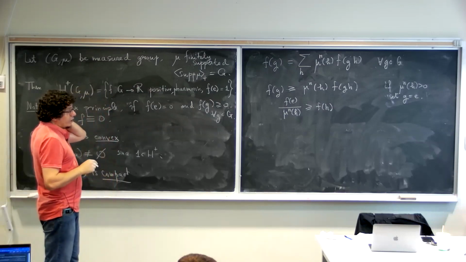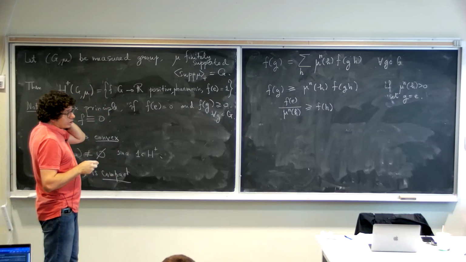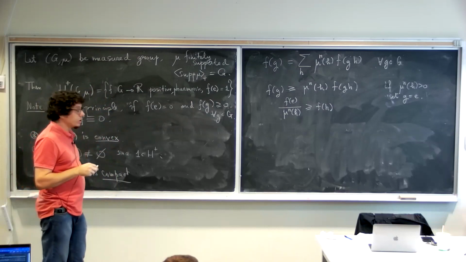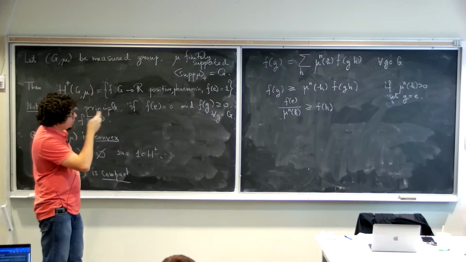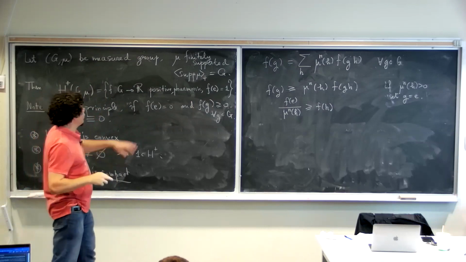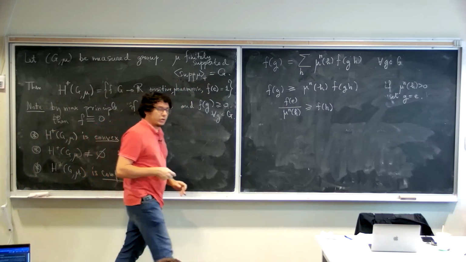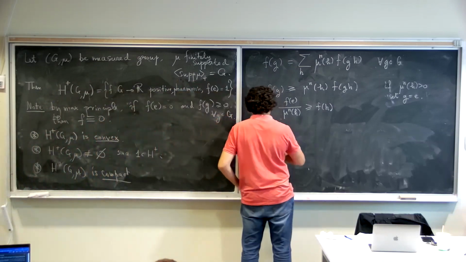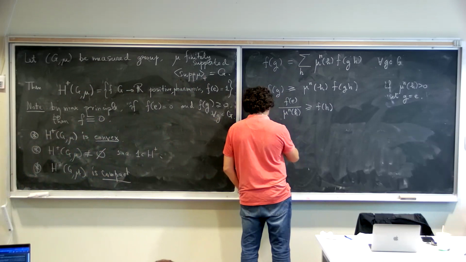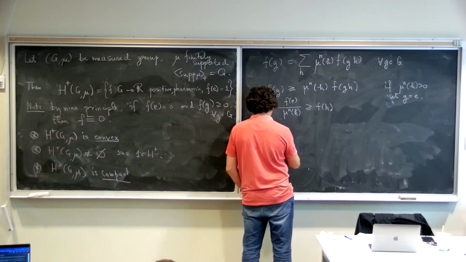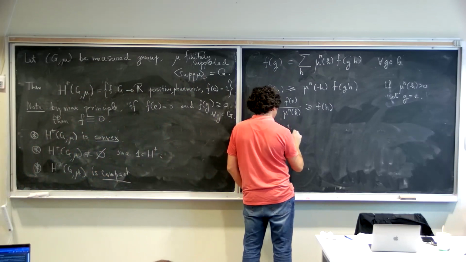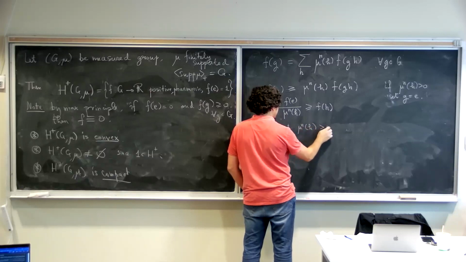So in general, the support of mu generates G as a semigroup. So for any h, there exists some n such that mu n of h is positive.